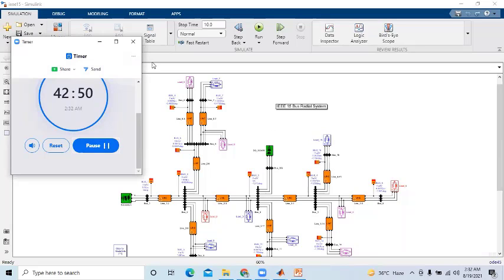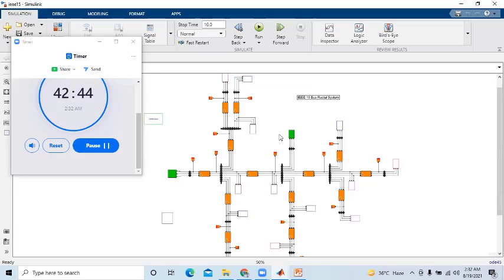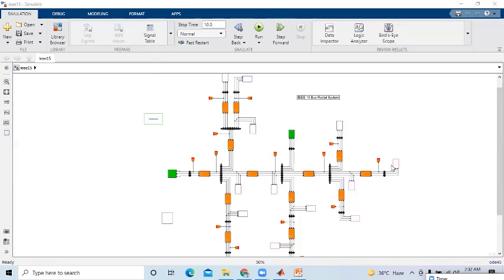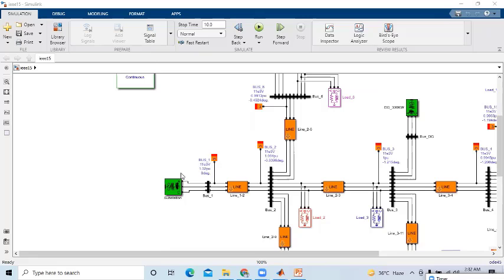So now look at this. This is an IEEE 15 bus radial system, where you can see that two generators are connected.